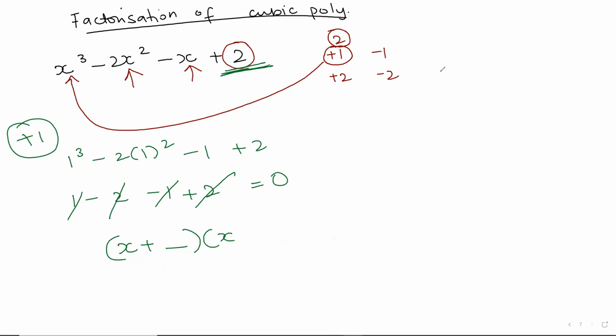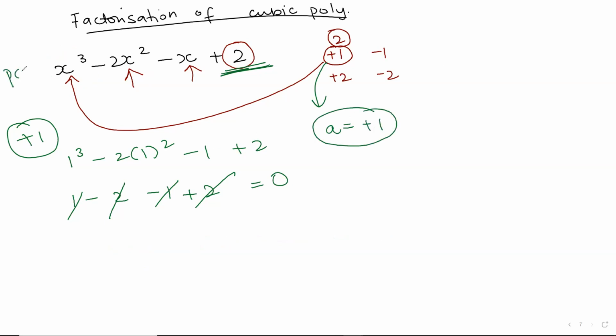Okay. So what we're going to do now is try to understand. Do you remember factor theorem? What did factor theorem say? Over here my a is equal to +1, and this is my p of x.